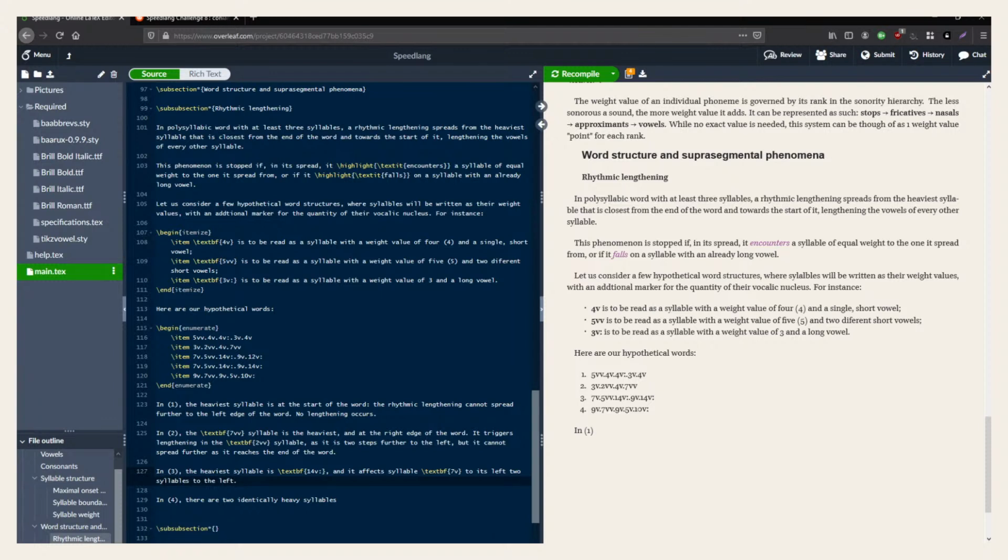Just syllables to the left. Might be a bit better now. In 4, there are 2 identically heavy syllables. Yes, 14V long and 14V long.